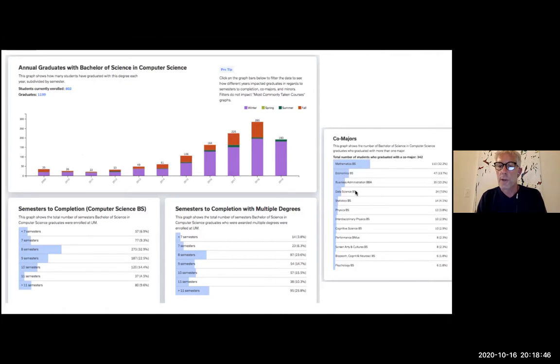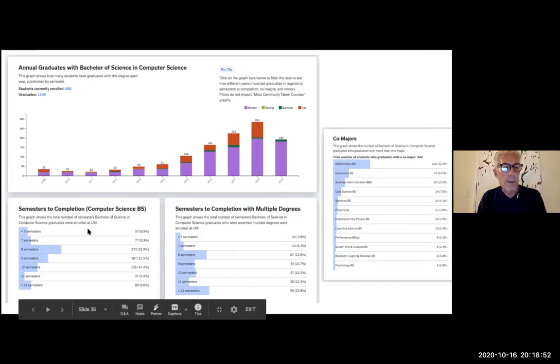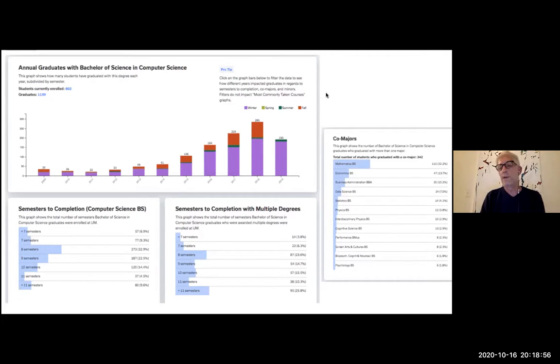We show the common co-majors for that degree, and how many semesters it took to complete, either with a single degree or with multiple degrees. It's very useful information, and it's exposing all of this information that the university pays a lot of money to hold, in the sense that there's a whole enterprise unit that manages it. For a little extra money, we can pull it, package it, and send it back out to people to make sense of.